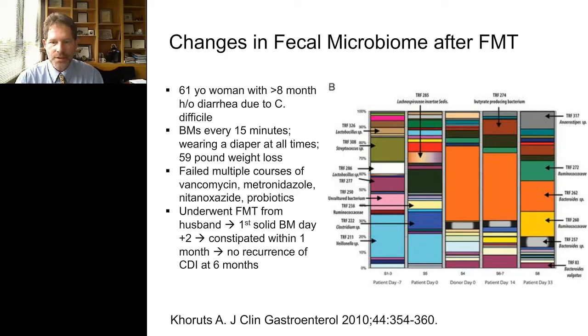And you can see how similar the microbiota of the patient 2 weeks after FMT is to the donor on the day of FMT. And then day 33, you see there's still a healthy amount of Bacteroides. There's a healthy amount of the Ruminococcaceae, which is a firmicute, which also seems to be part of a healthy, diverse colonic flora. So anyway, this I think is a very good example of the kind of individual results that you can see with FMT.